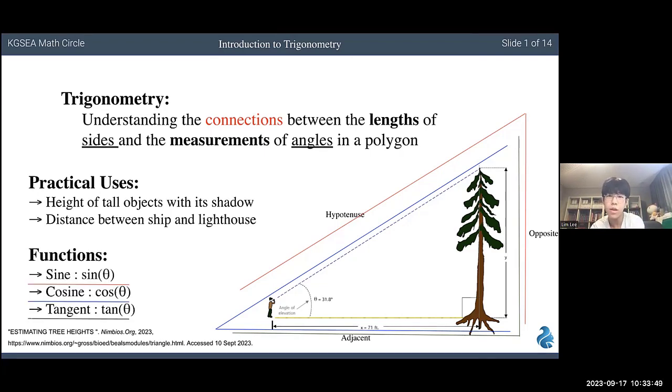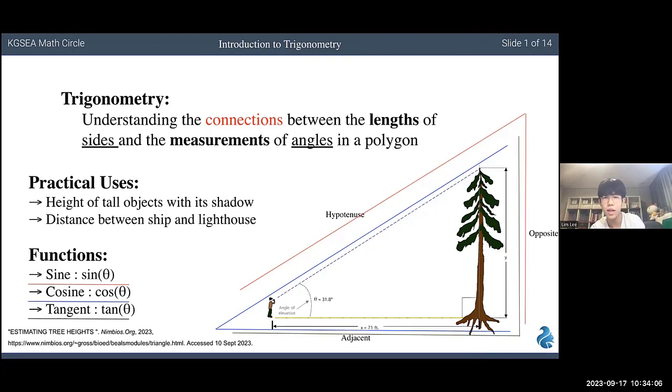Trigonometry is rooted in three fundamental functions, namely sine, cosine, and tangent, denoted as sine theta, cosine theta, and tangent theta, where theta is the angle. These functions are derived from the relationships involving the sides of a right triangle.